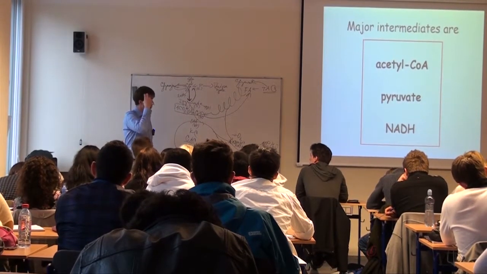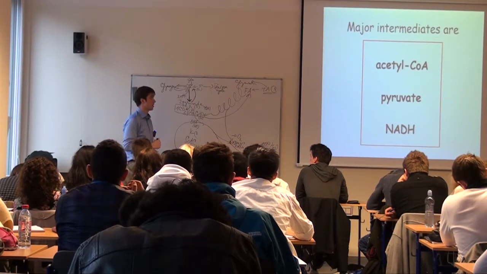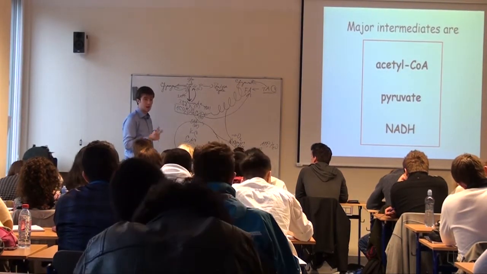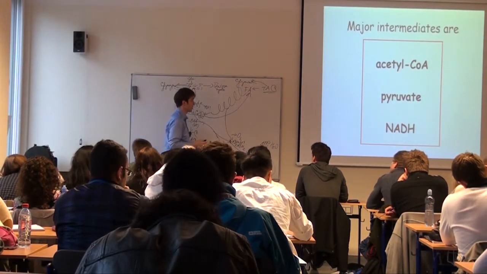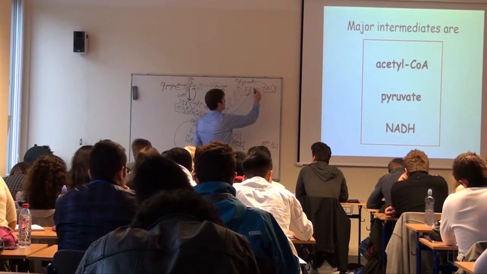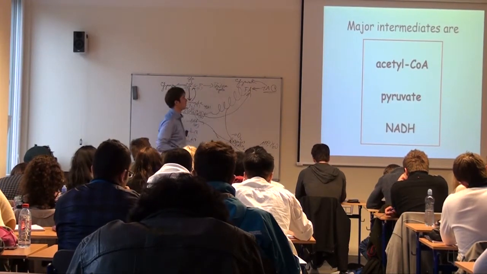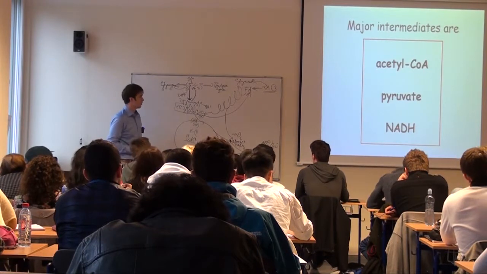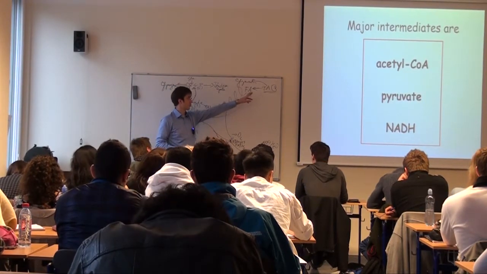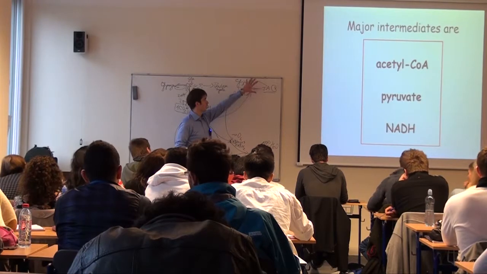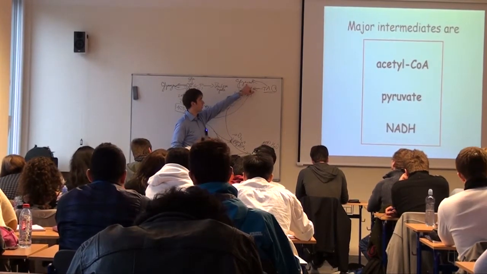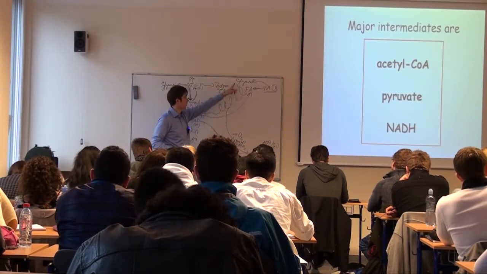Especially in adipose tissue, also in the muscle cells, and some amount in hepatocytes. So here we have the other nutrient, triacylglycerol. When we degrade it, we have glycerol and fatty acid.